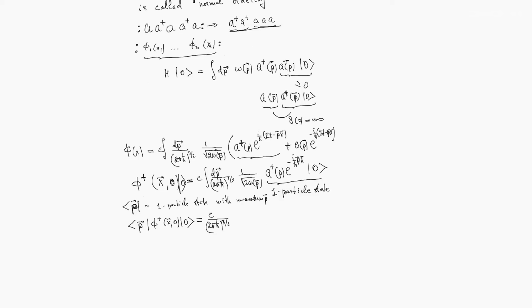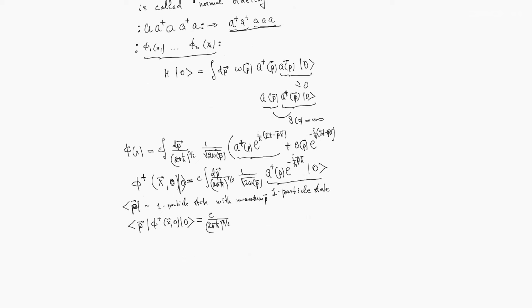Then you see that if I take the scalar product of p with phi plus of x at 0 on the vacuum, then the result of this action will give me the following expression. So I will have c divided by 2 pi h bar to the power 3 over 2, and then an integral.